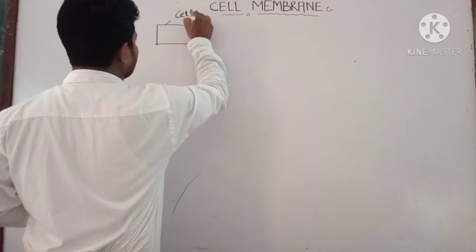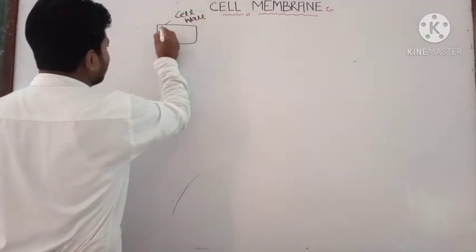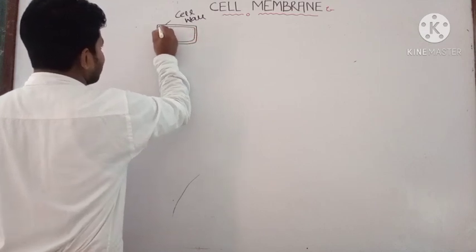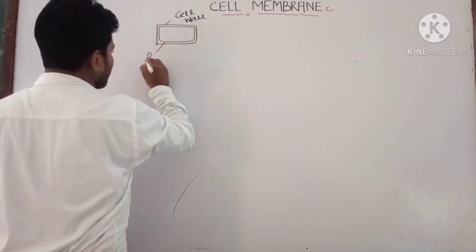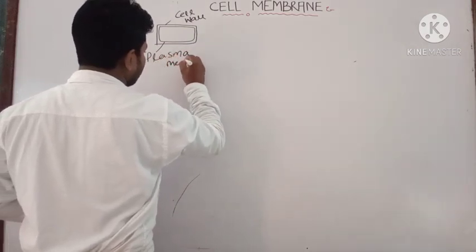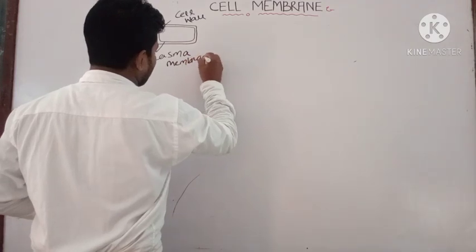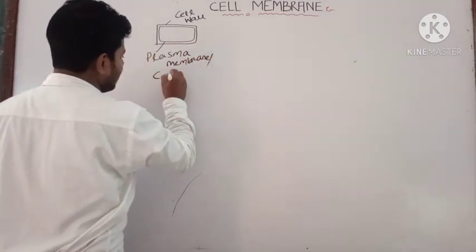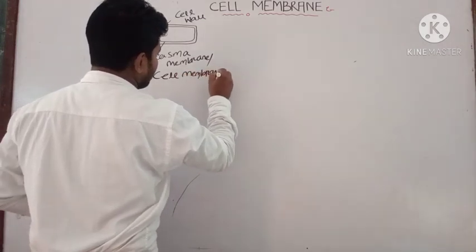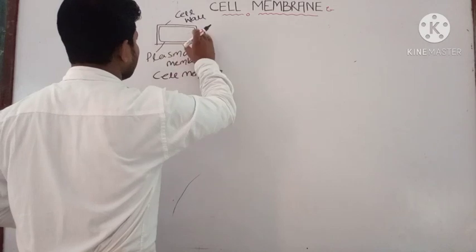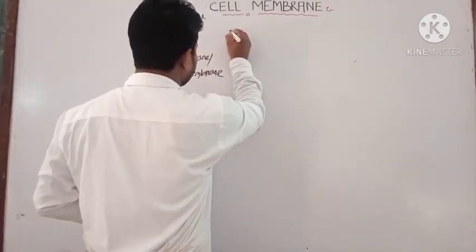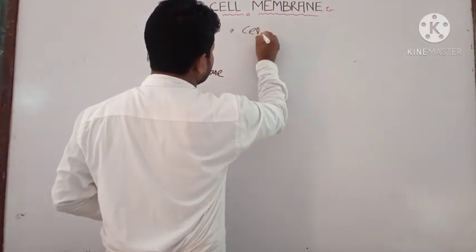After the cell wall, there is another layer known as the plasma membrane, or we call it the cell membrane, which covers the cell and is present after the cell wall. We can write it as cell membrane.